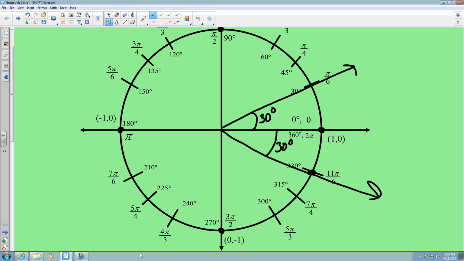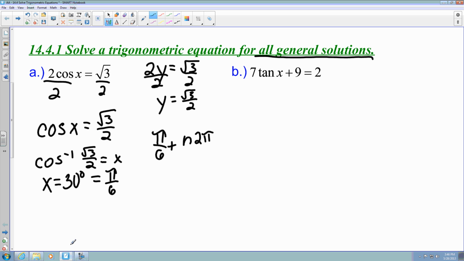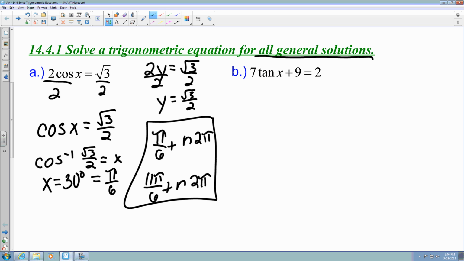So that means you can now also write 11 pi over 6 plus n times 2 pi. So there's your two answers. When you have an initial trig function with just one value, you're going to get two answers. Okay? So let's give a try for example B.